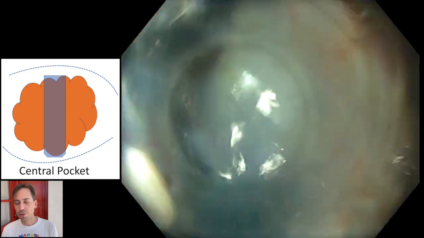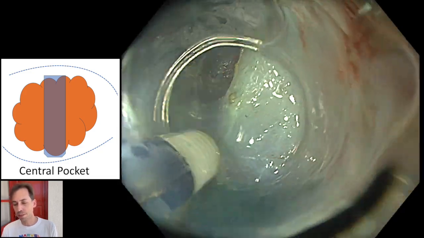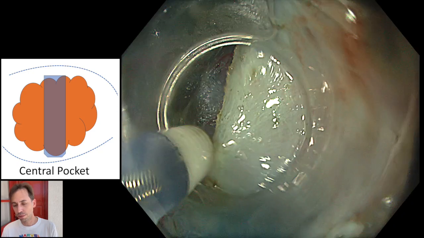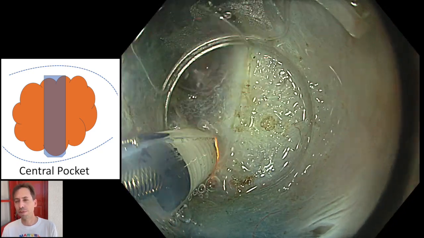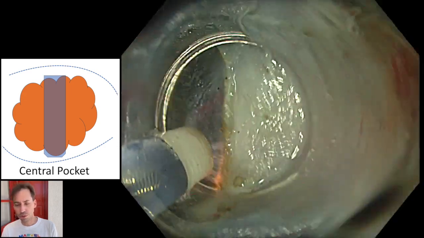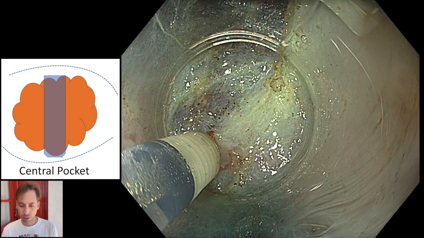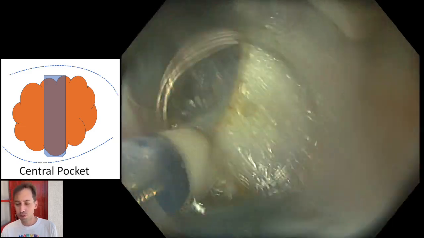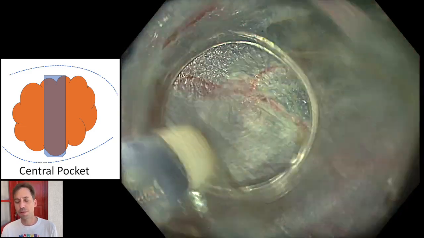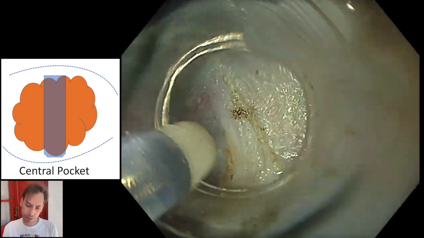You see injection with the knife, so the needle is rarely used during this part of the procedure, except if there is fibrosis or not much submucosal tissue. The muscle is located at the right side, the submucosal space in the middle, and the mucosa at the left side.